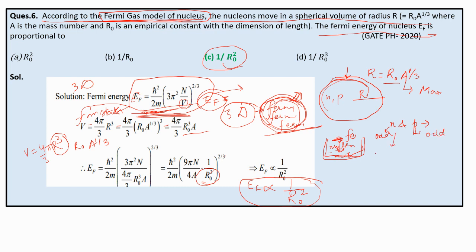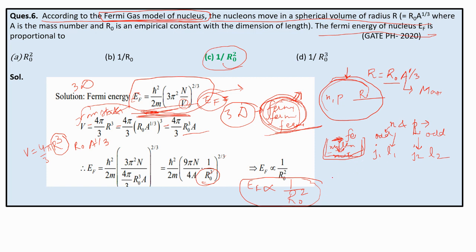The neutron will have some j1 value and some l1 value, and the proton will also have some j value and some l value. I'm denoting the neutron's total angular momentum by J1 and orbital angular momentum by L1, and for proton J2 and L2.